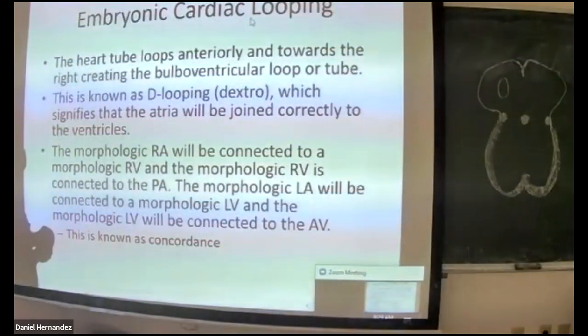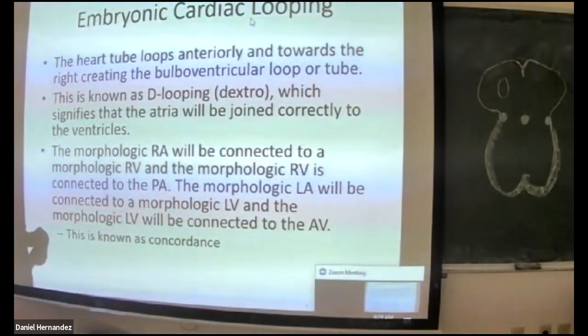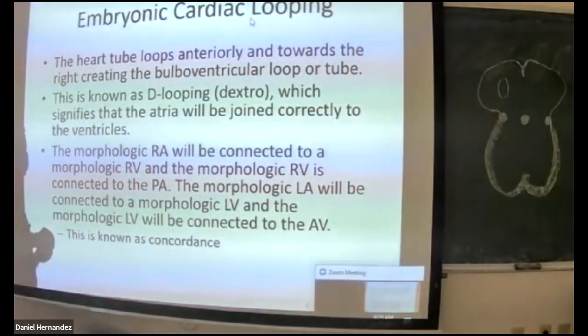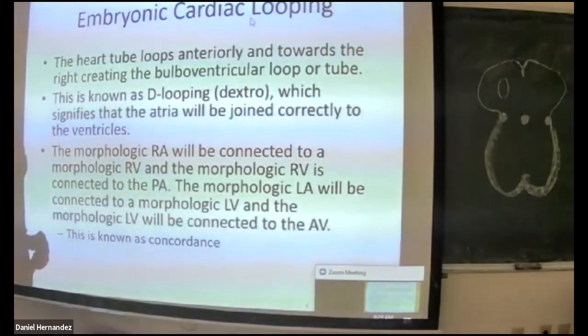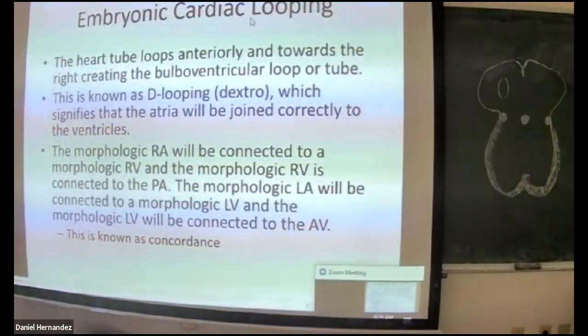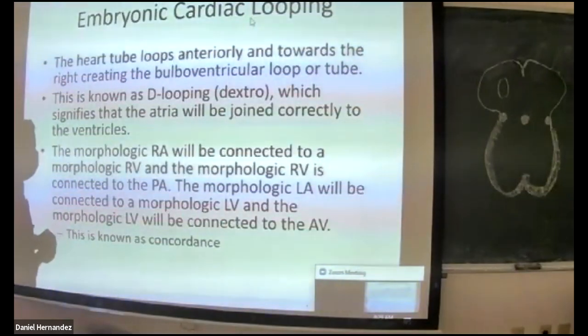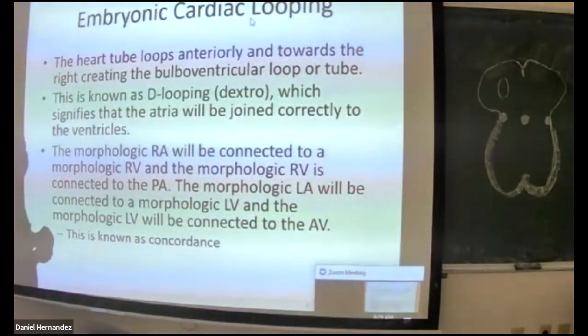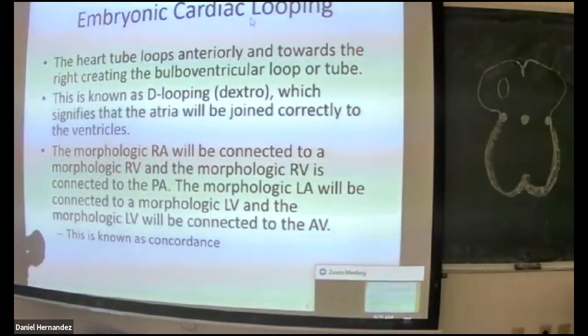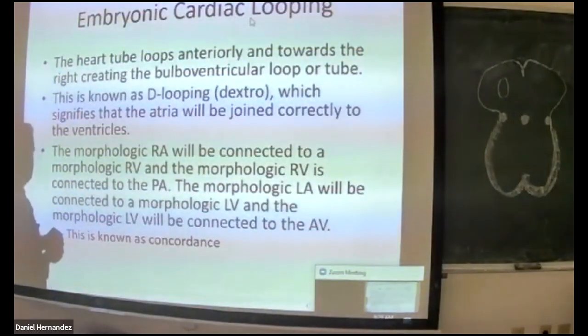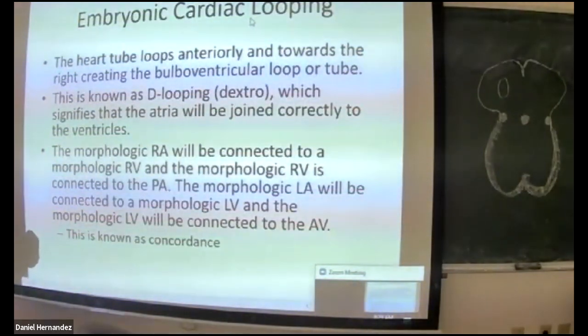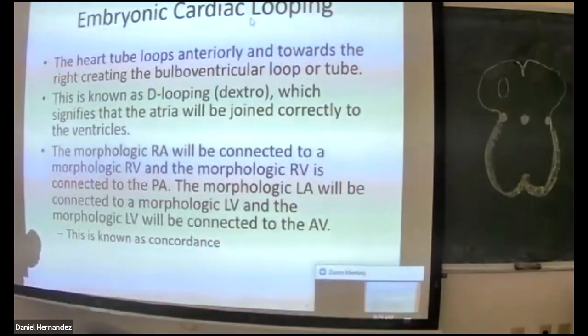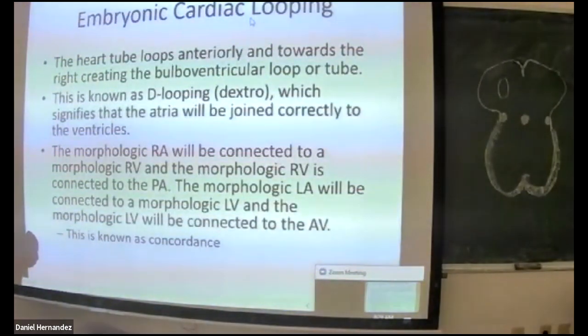The morphologic right atrium will be connected to a morphologic right ventricle, and the morphologic right ventricle is connected to the pulmonary artery. The morphologic left atrium will be connected to a morphologic left ventricle, and the morphologic left ventricle will be connected to the aortic valve. This is known as concordance.